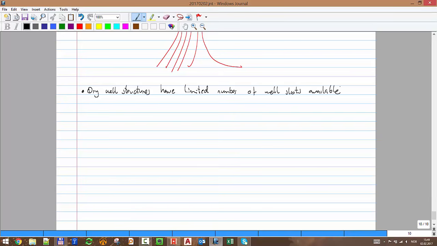Okay, so if you have some uncertainty about the formation, you think that you will need drilling, for example infill drilling, that is usually drilling to maintain the production rates, then it's not very flexible.